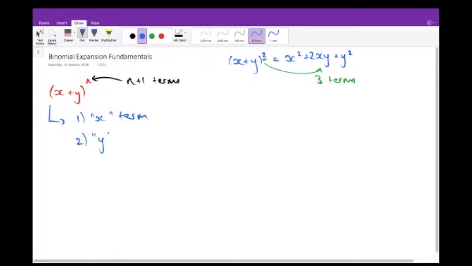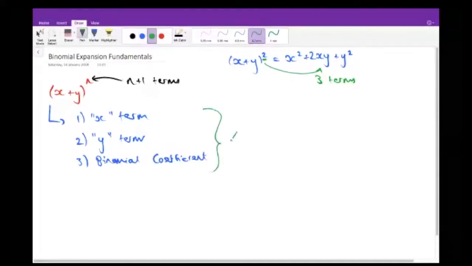Then we have our "y" term, which is the second term in the bracket, and then 3, our binomial coefficient. And if you're happy with how to find all 3 of those individually, if you multiply them together, you get a single term.